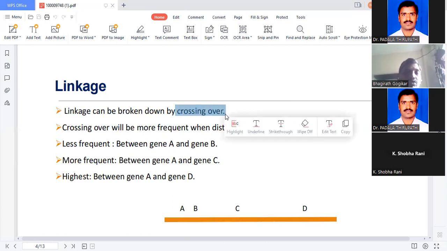The exchange of non-sister chromatids in a homologous chromosome pair, this crossing over phenomenon breaks the linked genes, separating the linked genes whenever crossing over takes place at the time of meiosis. Hello, have you followed?